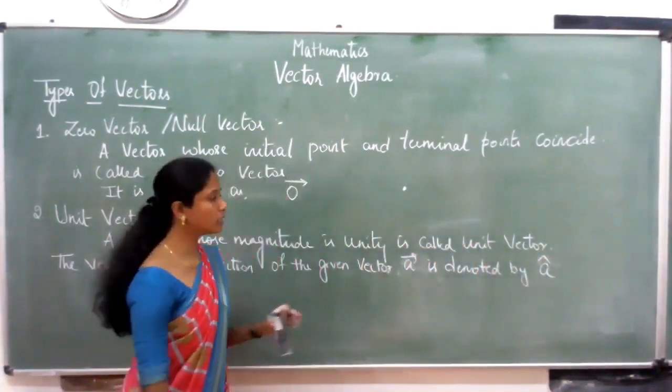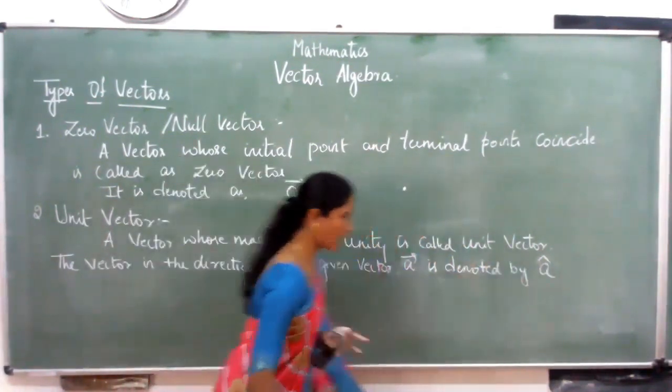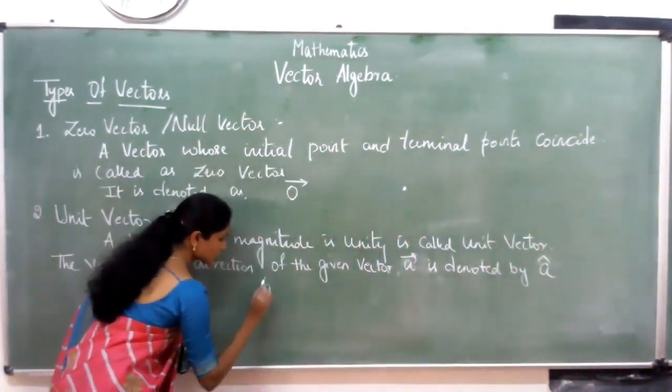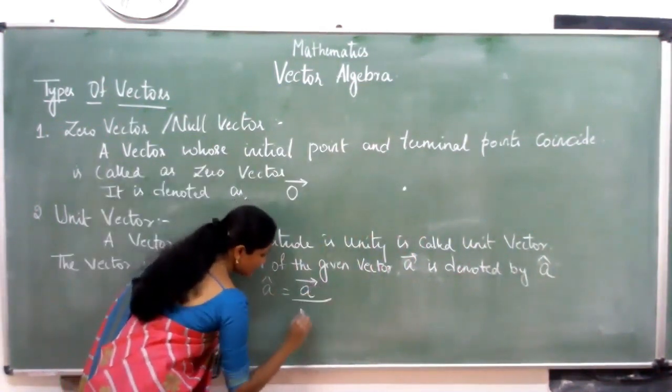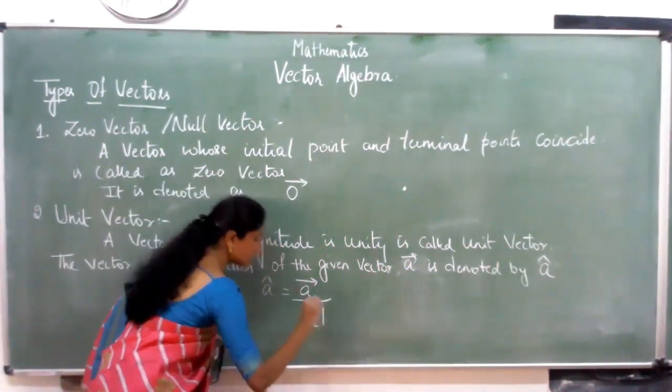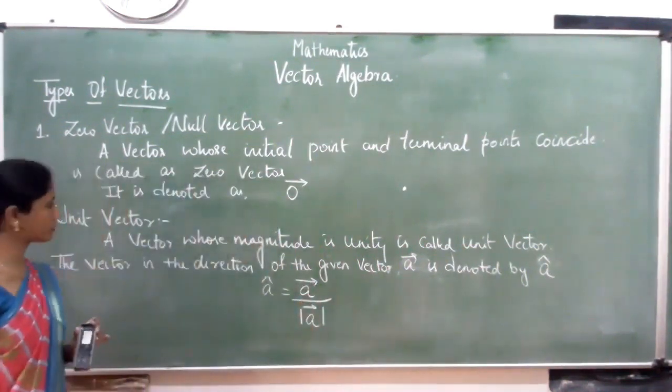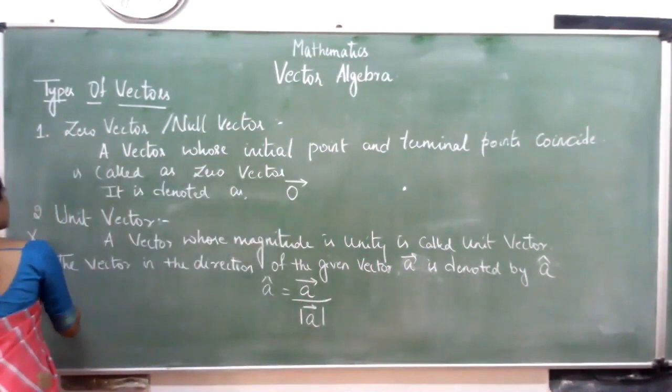The unit vector will be denoted by A cap, and it is defined as A cap is equal to vector A divided by magnitude of vector A. This is very important, students.